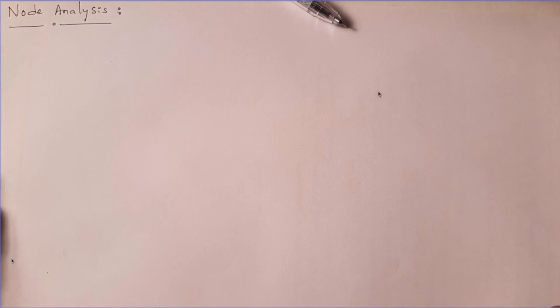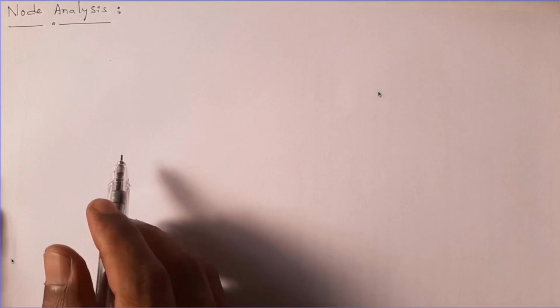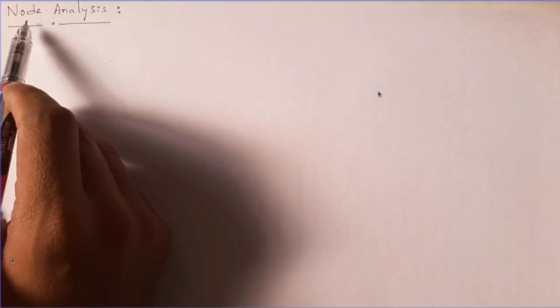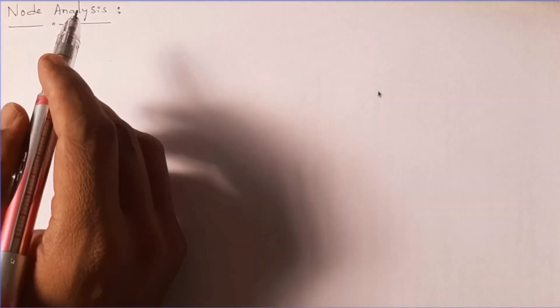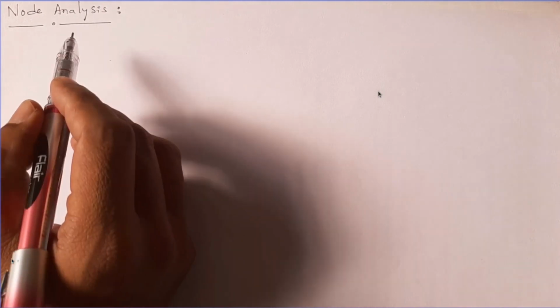Dear students, while discussing the fundamentals of network analysis or network theory, we have defined a node. A node is simply a connection between two or more elements. When two or more elements are connected together, that connection we call a node.